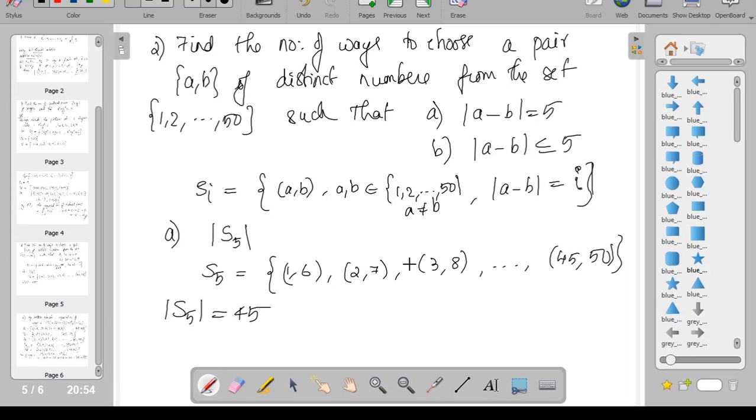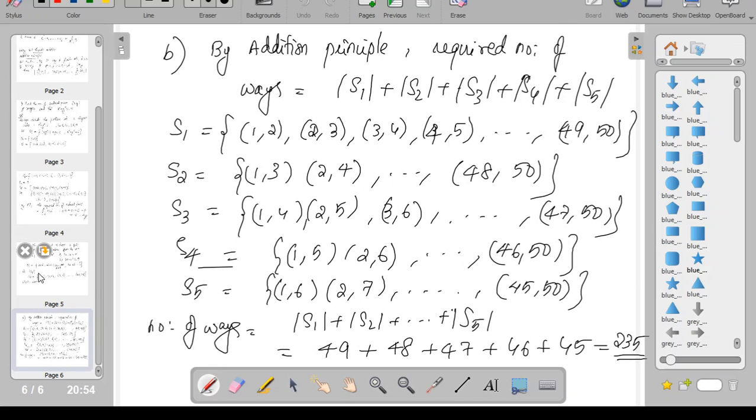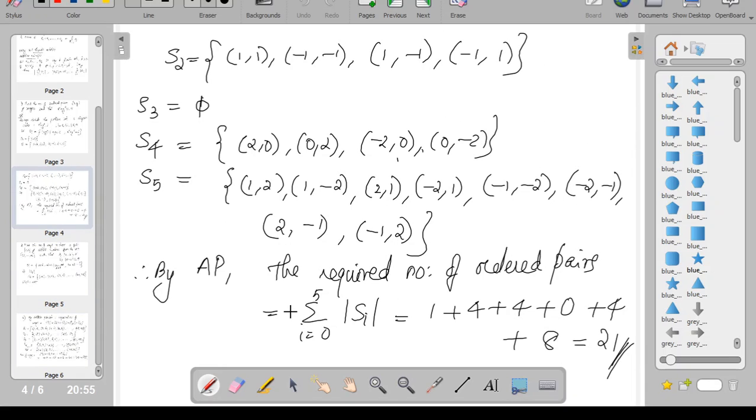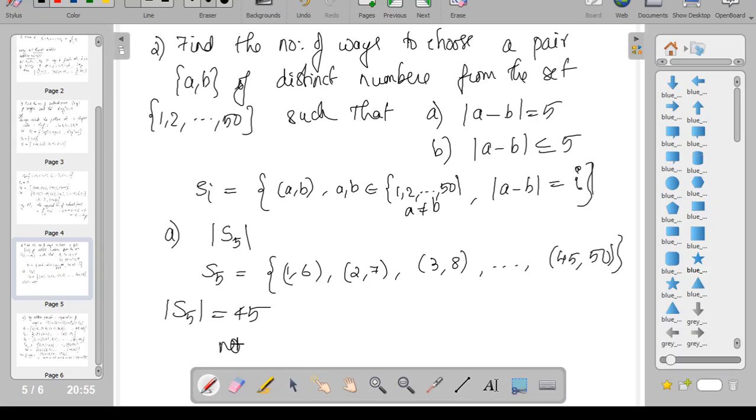You can see that there will be exactly 45 points. So the cardinality of S5 is equal to 45. Therefore the number of ways will be equal to 45.